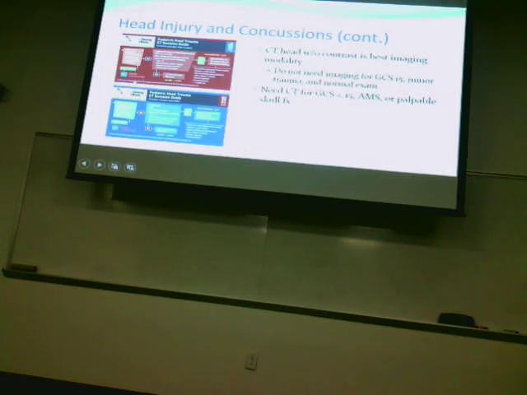So with this decision tree, basically if you have a GCS less than 15, altered mental status, or a palpable skull fracture, that's automatically go to CT. And then if you pass those first 3 screening questions, you would look into some other concerning features.